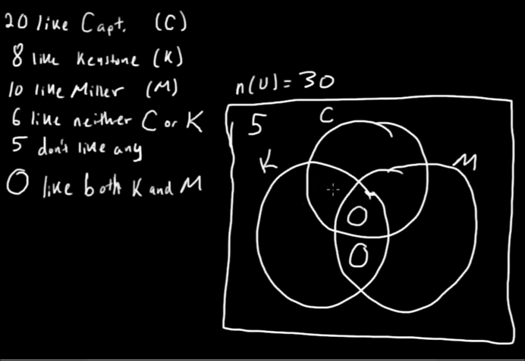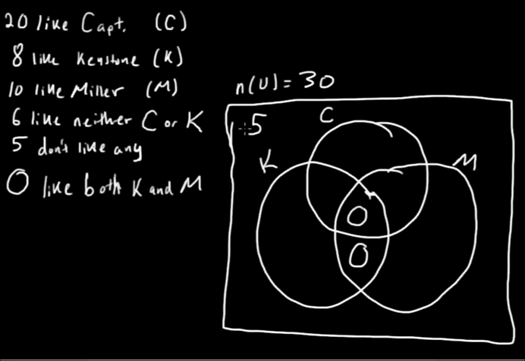Okay. And we already have assigned that 5, and I already explained that. 5 don't like any. I feel like that's pretty obvious. Most people can get that. And then 6 like neither Captain or Keystone. Okay, but keep in mind, some of these 6 don't like any of these drinks, and that's this 5 out here.